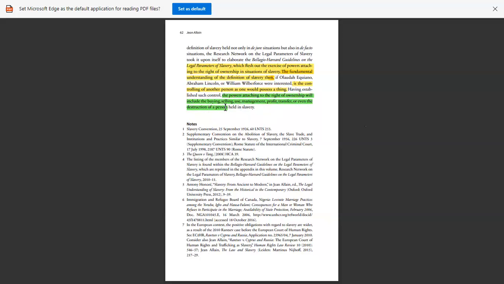You know, destruction of a person, I mean, contemplate that within states still carrying the death penalty. Transfer, think about that happening within the family court system. Profit, think about that within your income tax system. Management, think about that in any of the contracts that you might be bonded into and forced into. Use certainly happens within eminent domain.